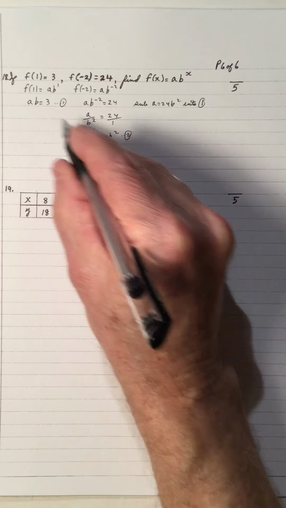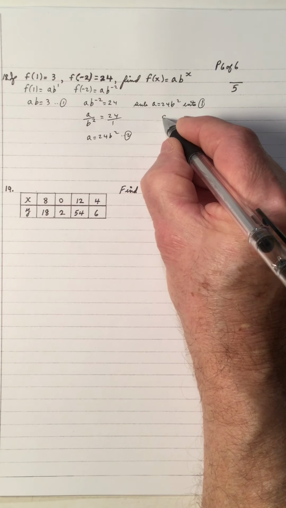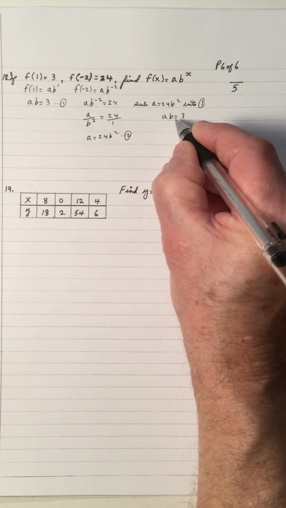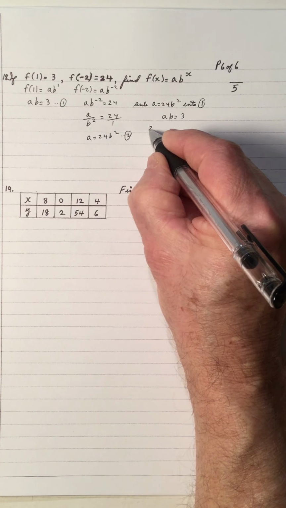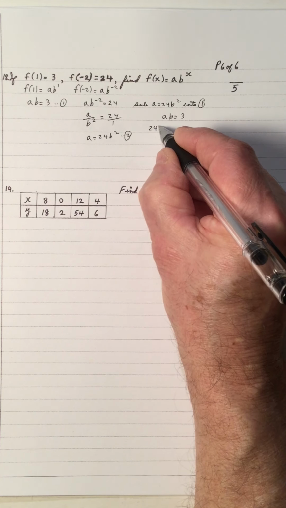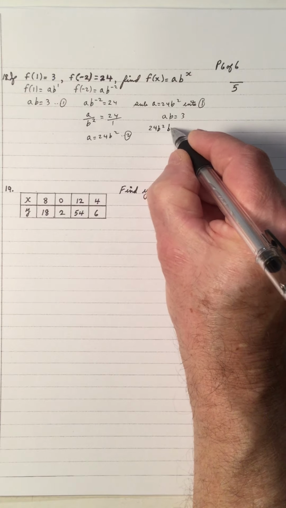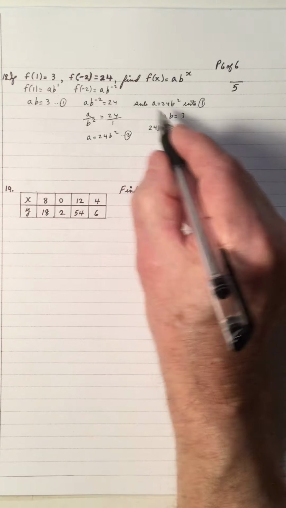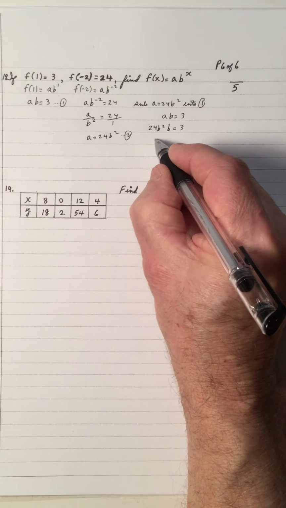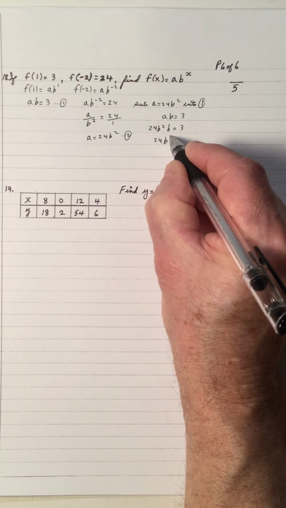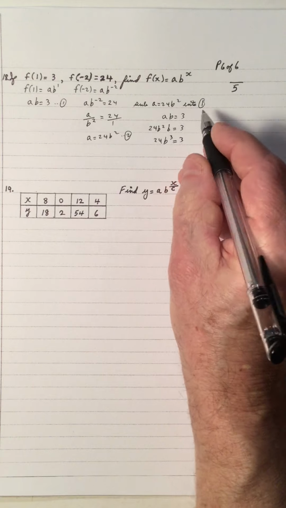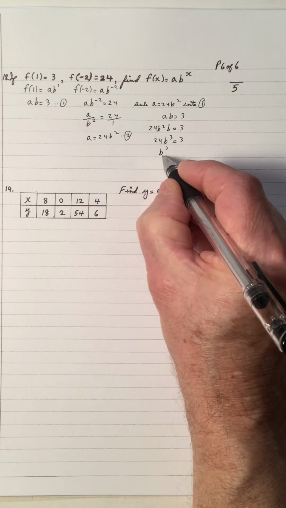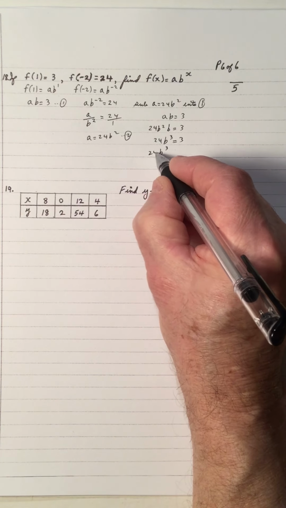We got ab equals 3. So a is 24b squared, times b equals 3. I'm taking a and subbing it in here. There it is right there. So that's 24b cubed equals 3. So b cubed equals 3 divided by 24.